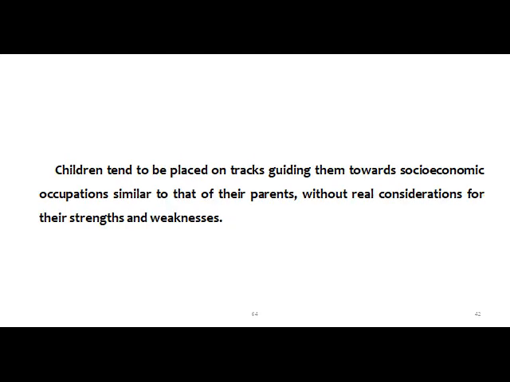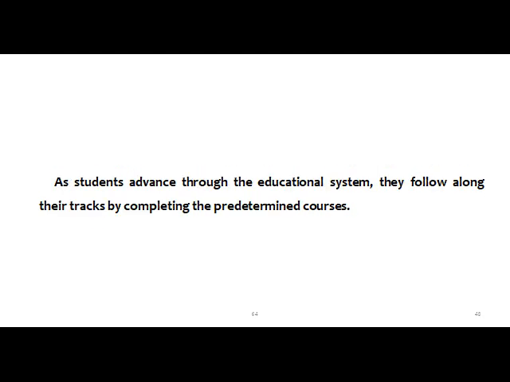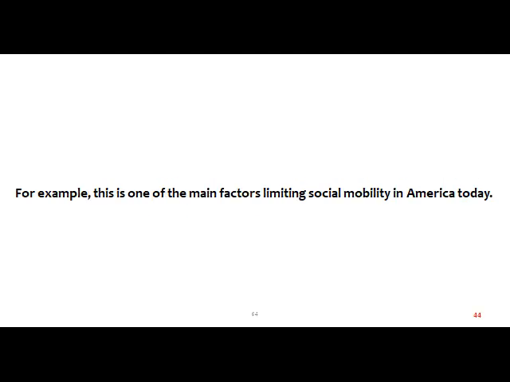Children tend to be placed on tracks guiding them towards socioeconomic occupations similar to that of their parents, without real considerations for their strengths and weaknesses. As students advance through the educational system, they follow along their tracks by completing the predetermined courses. For example, this is one of the main factors limiting social mobility in America today.